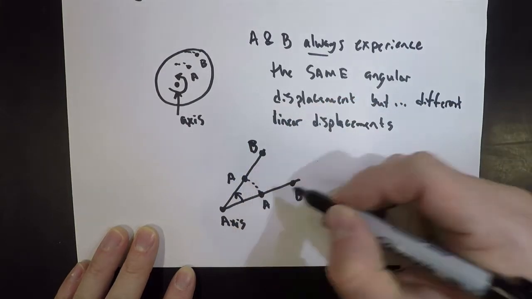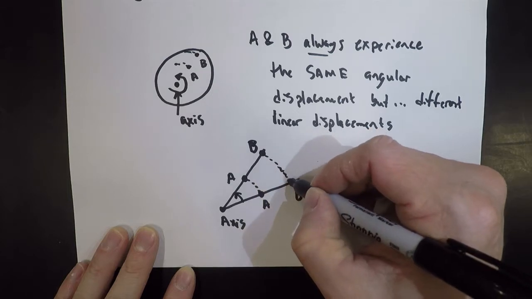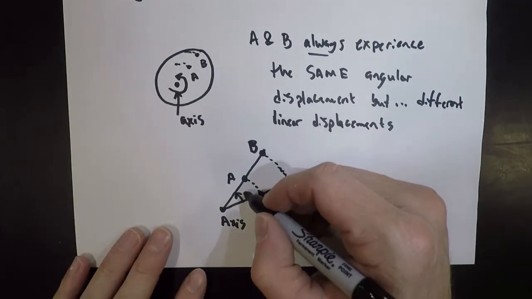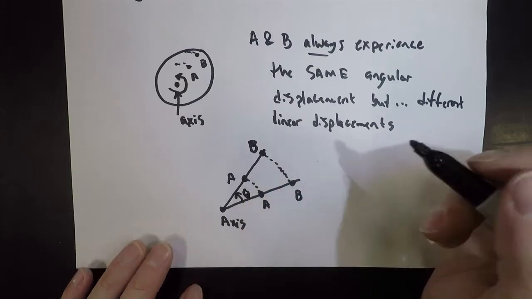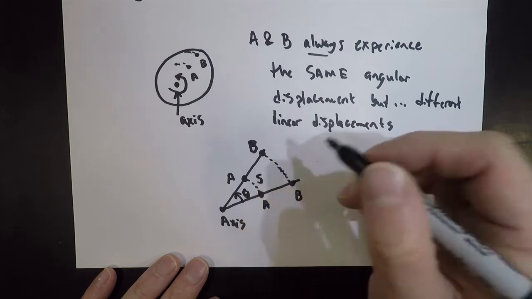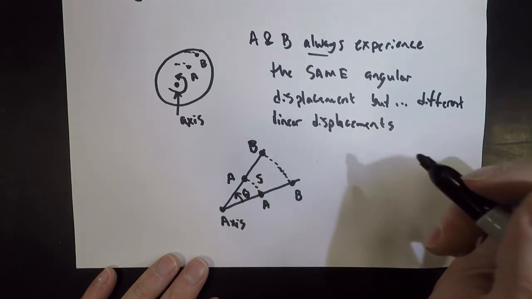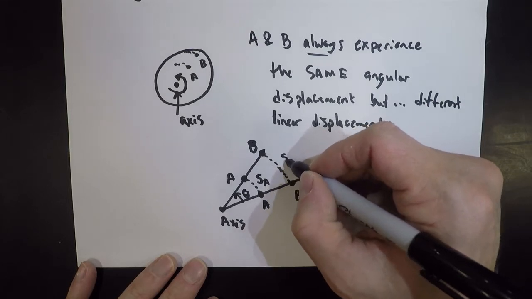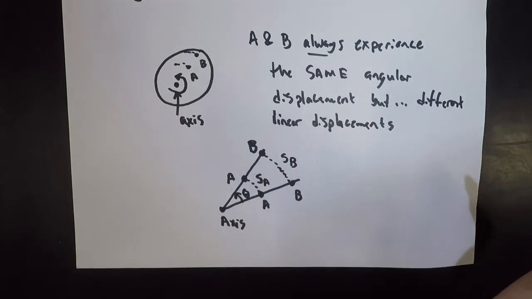So A has traveled a relatively small distance, and B has traveled a larger distance, though both of them have moved through the same angle. So they both traveled through the same angle theta, but they've traveled different arc lengths. We're going to use the variable s to talk about the arc length. And so we'll have an arc length for point A and for point B, SA and SB, that are not equal to each other.